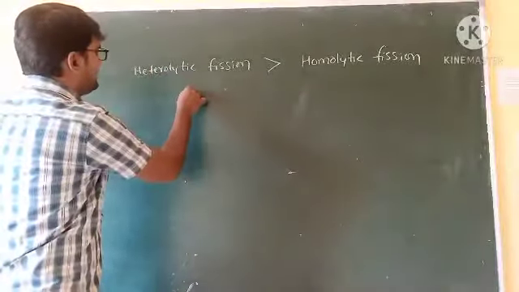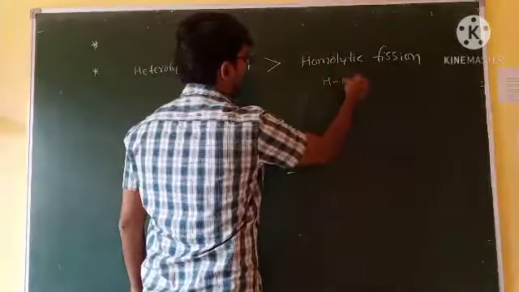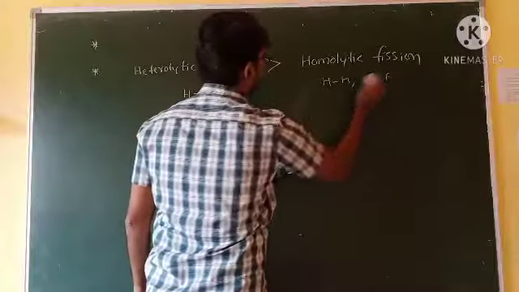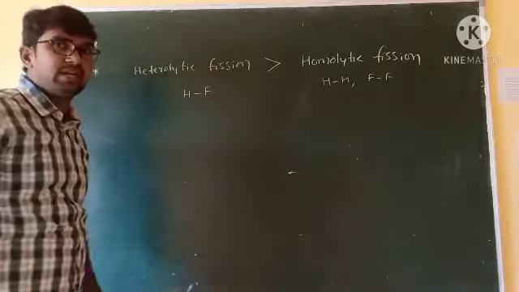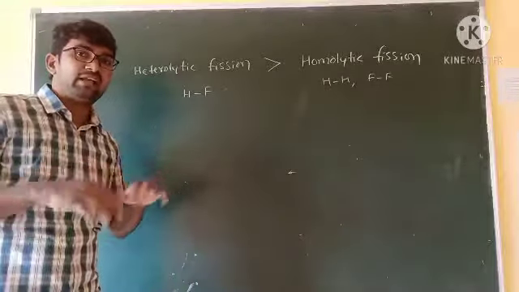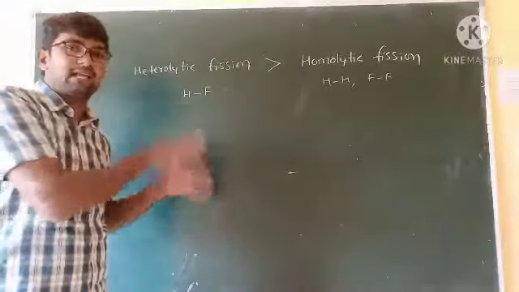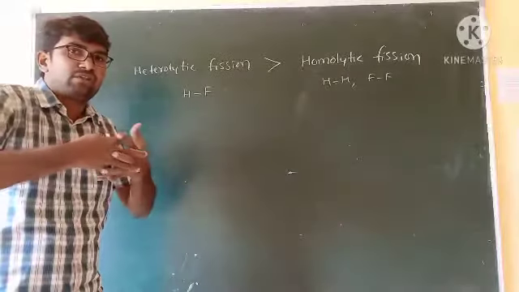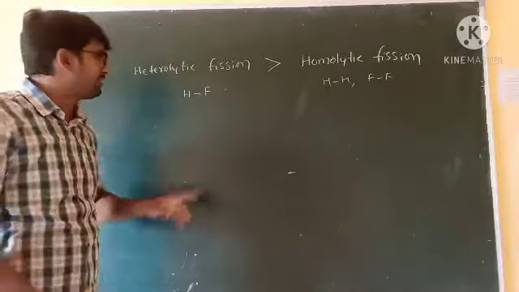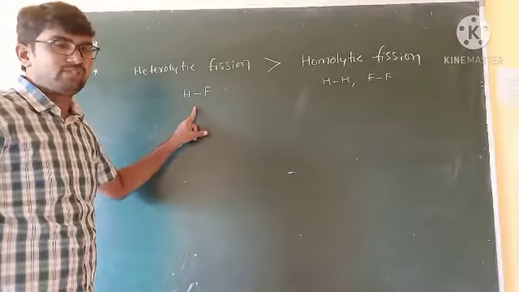So simply HF versus HH or FF. Different atoms are there, so between the different atoms the electronegativity is different. One acts as electronegative and the other as electropositive. Between positive and negative, electrostatic attractions are more. That's why it requires more energy for bond dissociation.